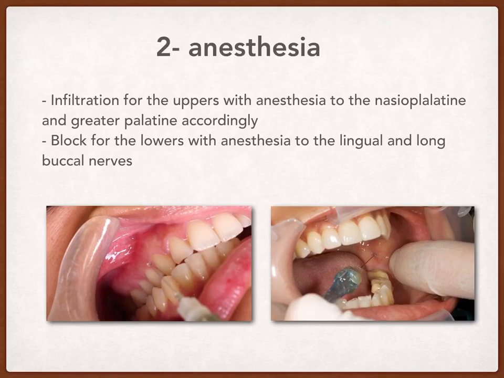Or for the lower teeth, we should do a block for the inferior alveolar nerve, and that is by inserting the needle from the opposing side from the premolar area.